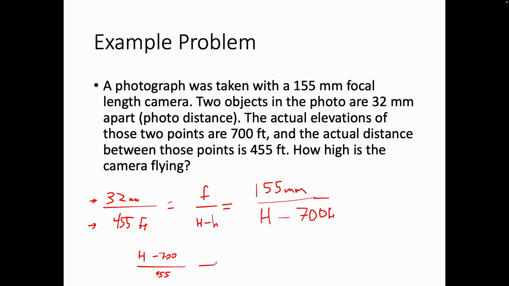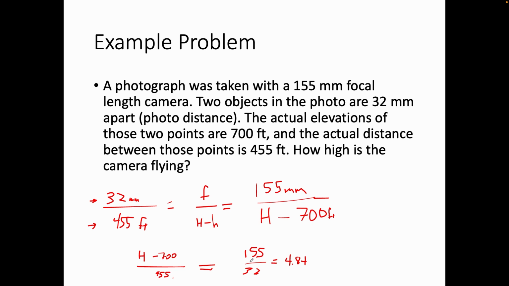And that's going to equal 155 over 32. And again, these are both in millimeters, so the millimeters cancel out. We can take 155 divided by 32, that's about 4.84.